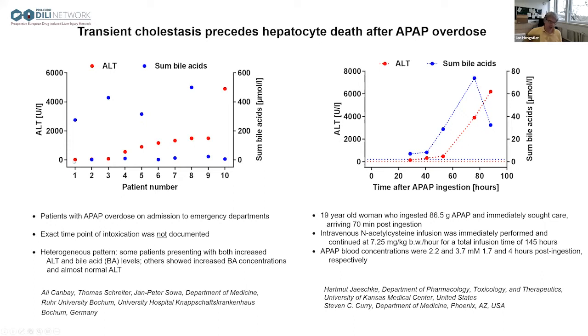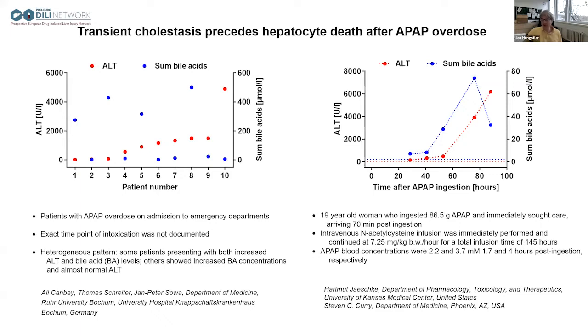For example, patient 1 has high bile acids and low liver enzymes, but another patient shows the opposite situation: high liver enzyme, low bile acid. And some patients show both high liver enzyme and high bile acid.